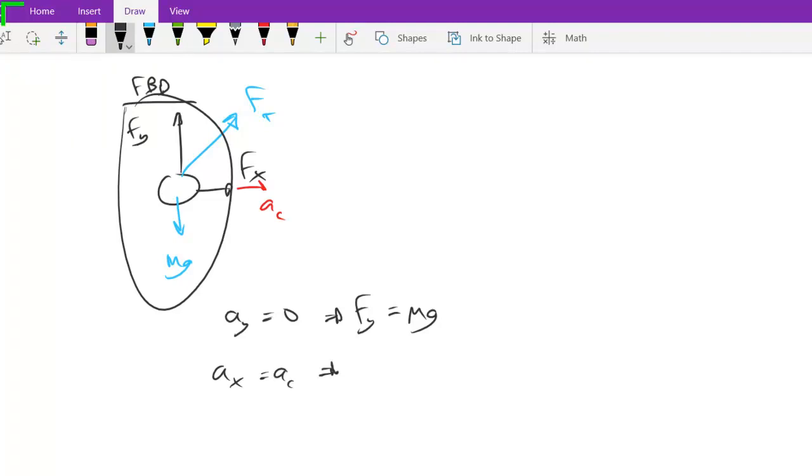So this means that Fx is going to be equal to m a_c, which is equal to mv squared over r. And so then we can just solve this system. I won't do it here to save time in the video, but we just have the system here which we can solve.